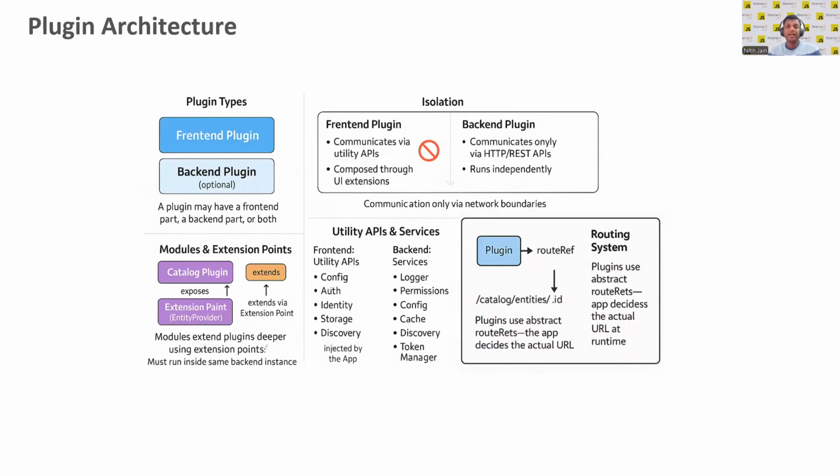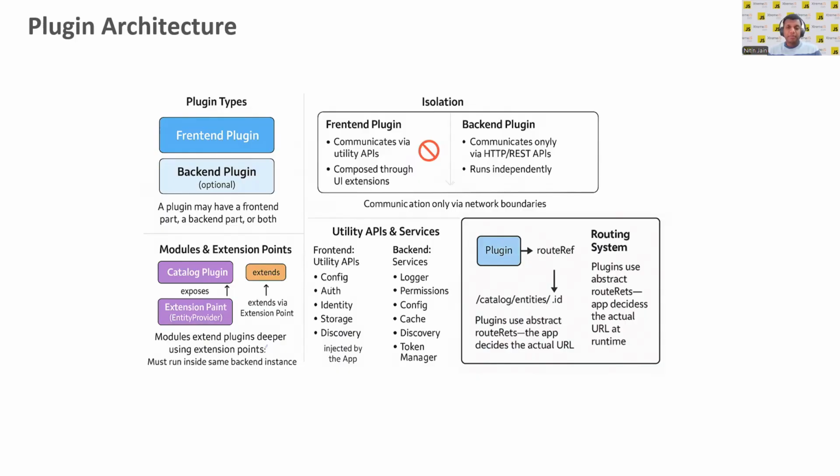It will not have a skin or a UI to be shown. These plugins communicate with each other through network APIs. So if you have a front-end plugin which is looking for data from the backend side, you could use the network APIs to fetch the data. There are no direct imports that you could make inside your front-end plugin from the backend plugin.